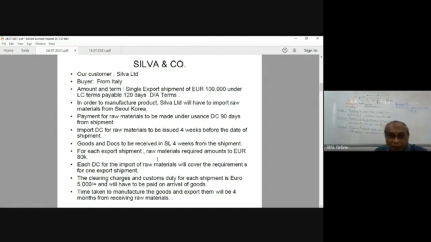Then, in order to manufacture the product, Silva Limited will have to import raw materials from Seoul, Korea. Because to do the shipment, they need the raw materials to be imported from Seoul, Korea. Payment for raw materials to be made under usance LC 90 days from shipment.